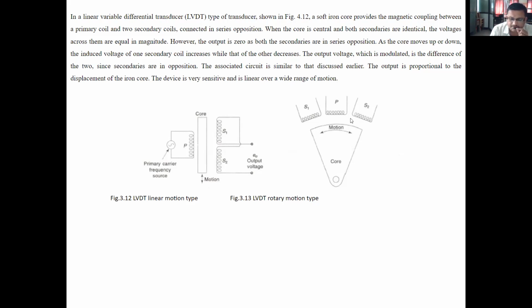Therefore, maximum voltage will be induced in the secondary winding S2 as compared to S1. Similarly, if it rotates anti-clockwise, the maximum portion of this soft iron core material will be in front of secondary coil S1, and therefore maximum voltage will be induced in the secondary coil S1.